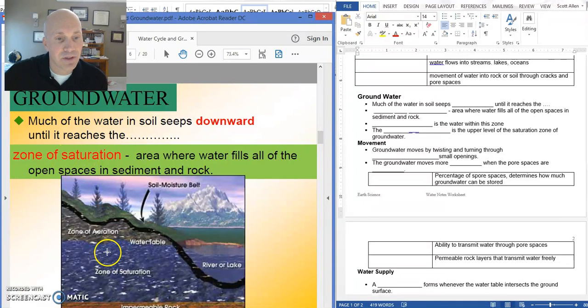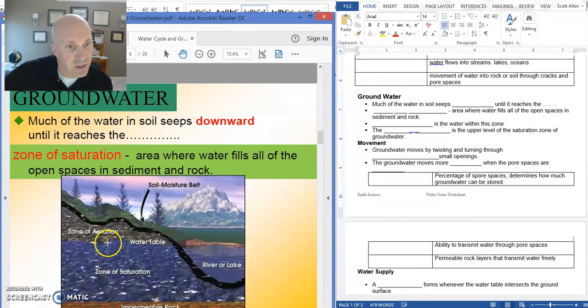And the same thing happens in dirt. Water is going to fall into the soil, and it's going to trickle down in between all these particles, and it's eventually going to get to the point where it can't go anywhere. So you're going to have a layer of what we call impermeable rock right here, and above that, that water is going to accumulate. So this isn't just water, it's sand or dirt, but it's going to have water in between all those particles.